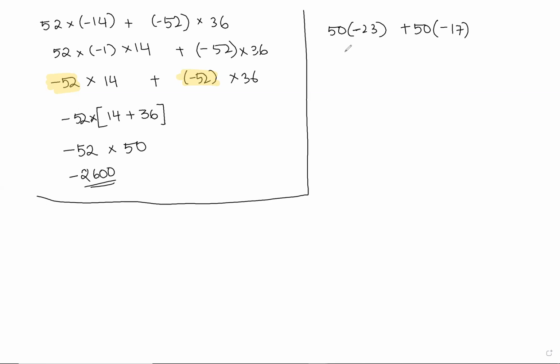Okay, so first we will write 50 multiplied by open bracket minus 23 plus minus 17. Very good. And close bracket, and that is going to be 50 multiplied by minus 23 minus 17, right?